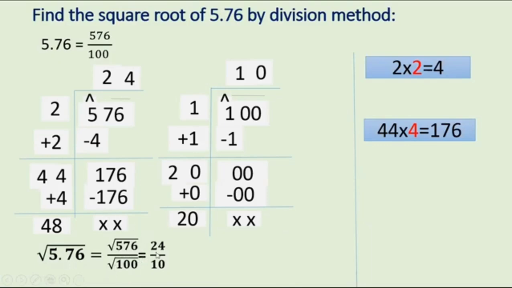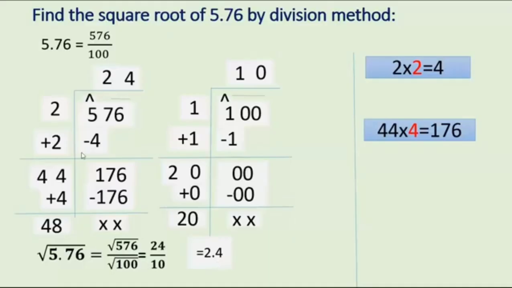The answer of 576 is 24. Whenever the question is in decimal fraction, keep in mind that we have to mention the answer also in decimal fraction. So we get the answer here 2.4.